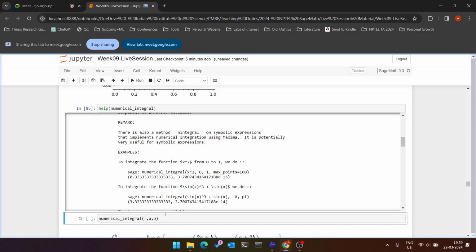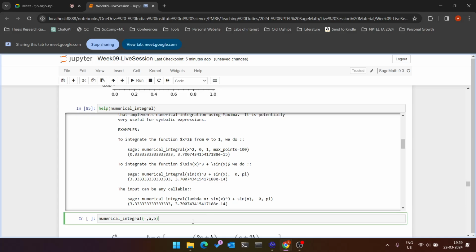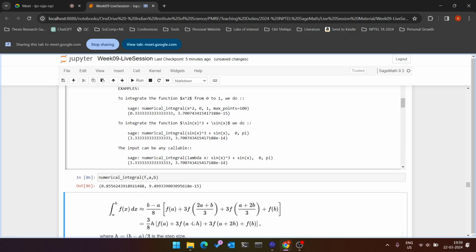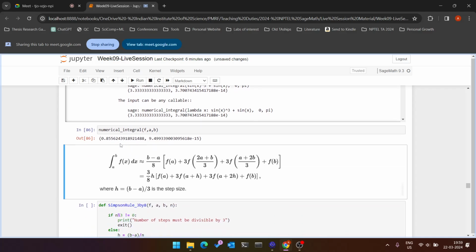It returns both the integral value as well as an error estimate. So if I run this numerical integral, I get my value to be around 0.855 and the error estimate to be 9.5 e raised to minus 50. So which means that this looks like a decent solution.